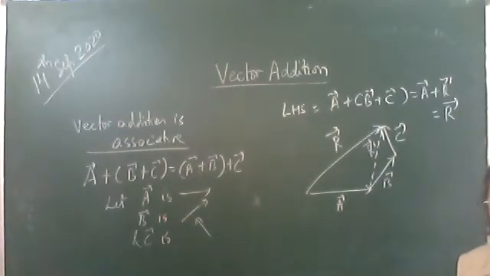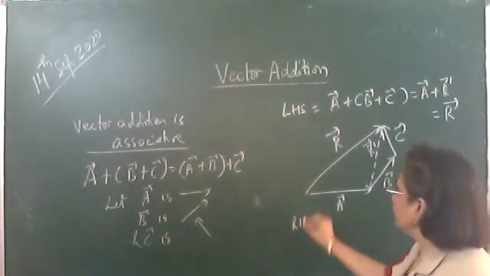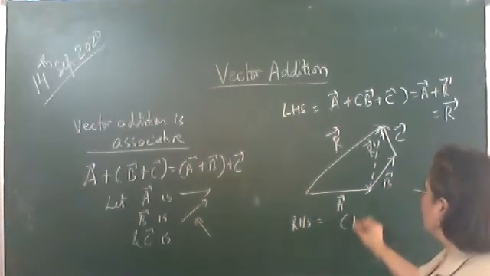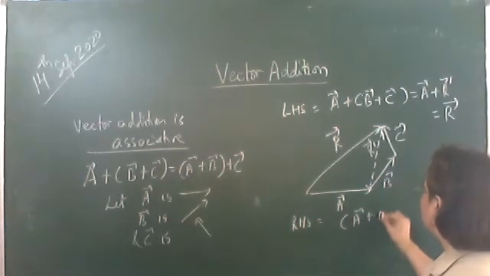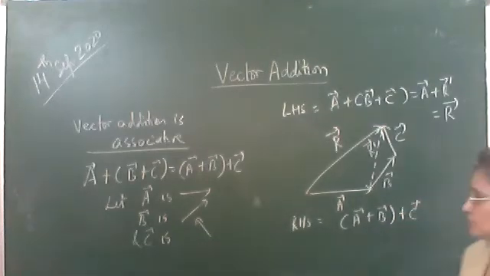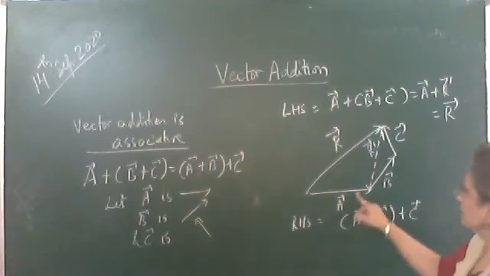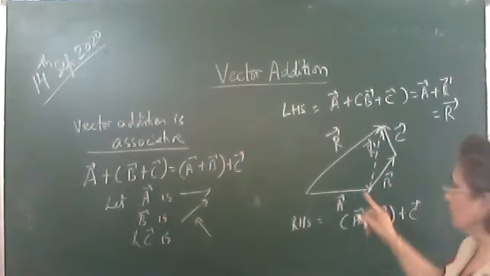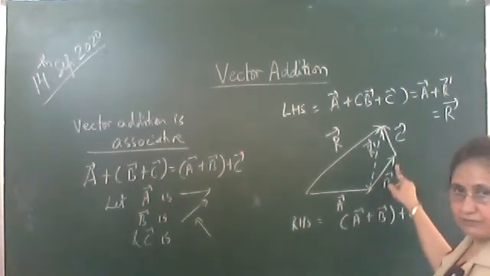Now let's find out the right hand side. Right hand side is A plus B vector added to C vector. First let's find the bracket term, A plus B vector. In the same figure we draw A plus B vector.